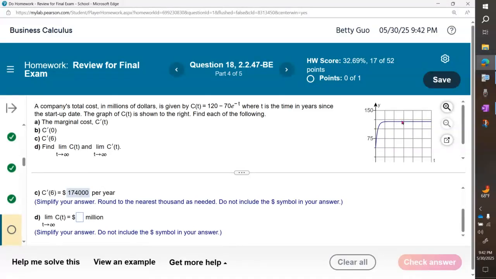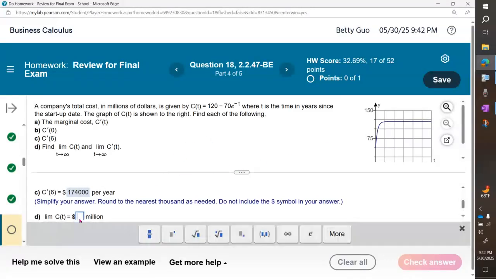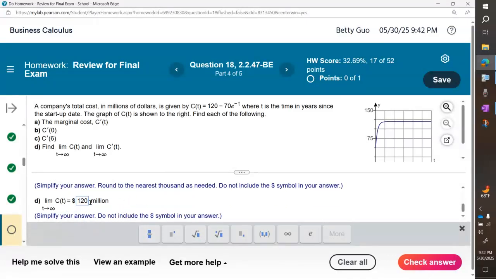By a certain point, you approach a certain value, which is 120 million. This one we do not have to multiply by a million because it already has a million here. Simplify your answer. Do not include the dollar sign in your answer.